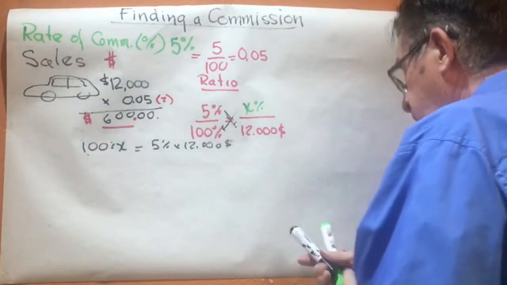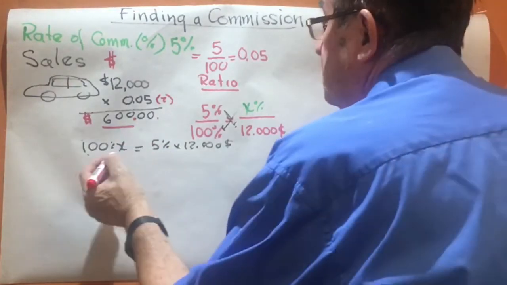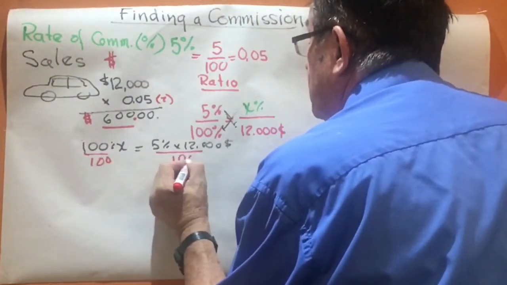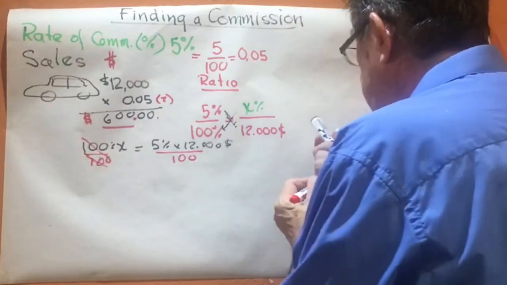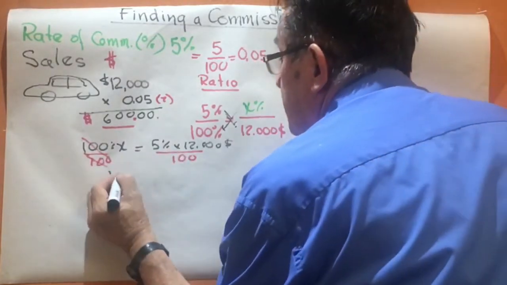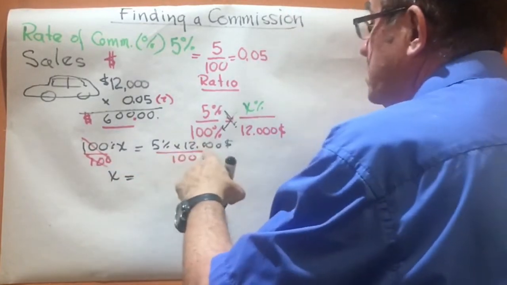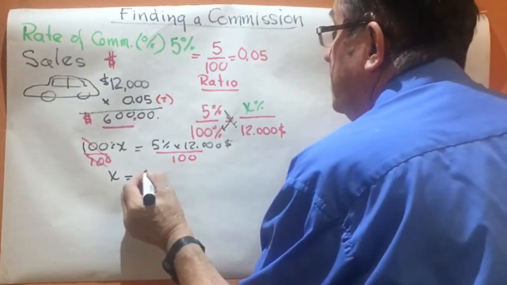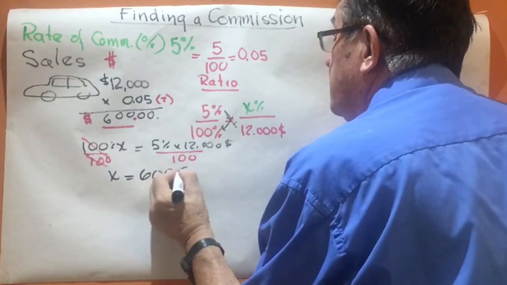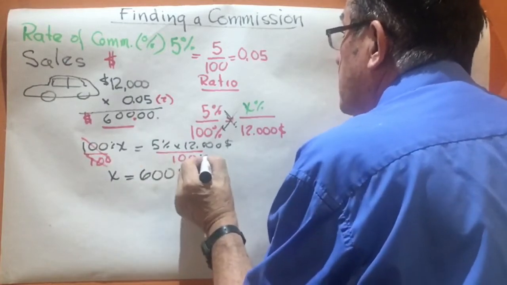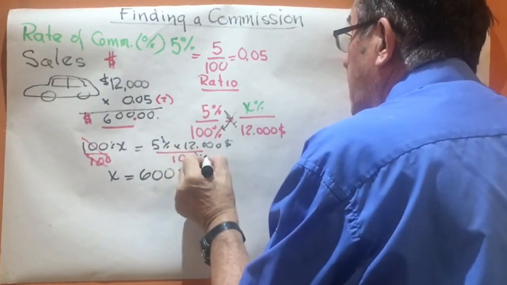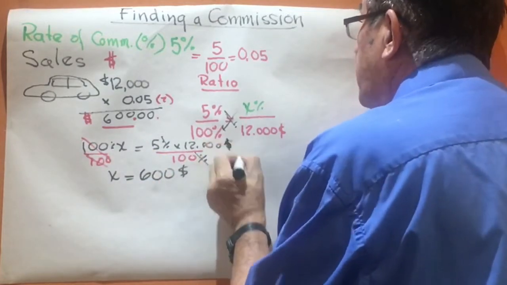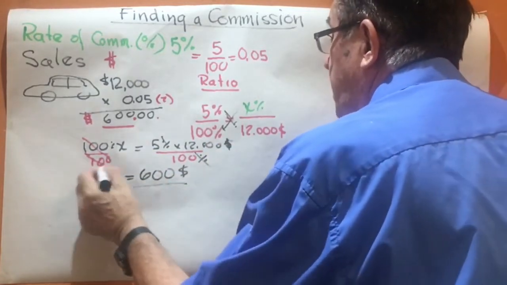To do that, I have to use the inverse of multiplication, which is division. I divide both sides by 100, so I have x isolated. If I do this multiplication and divide by 100, my answer will be $600. Because, remember, the percentages cancel out, and the only unit I have is dollars. So this is my answer.